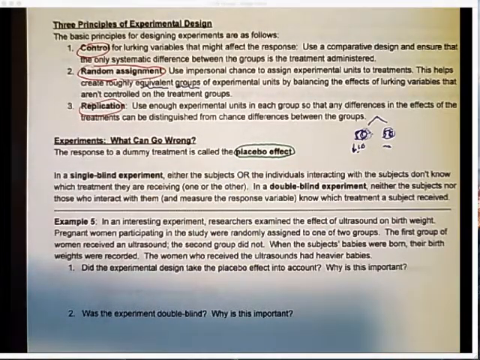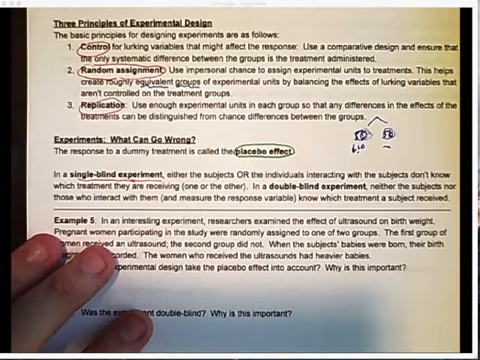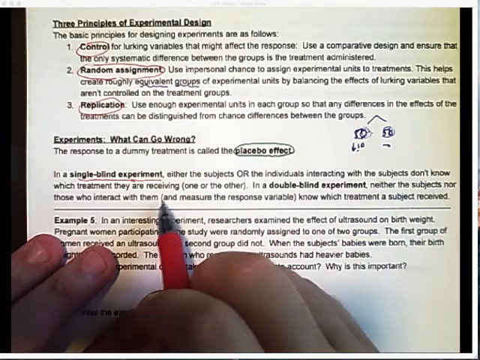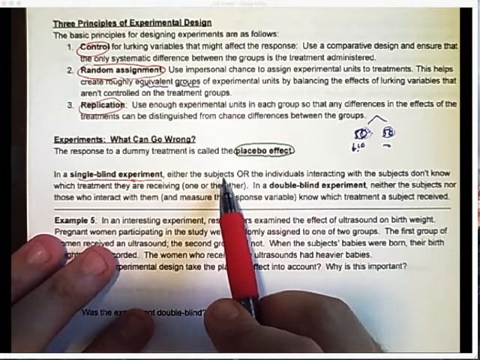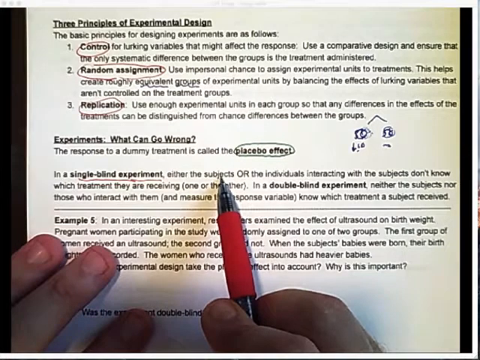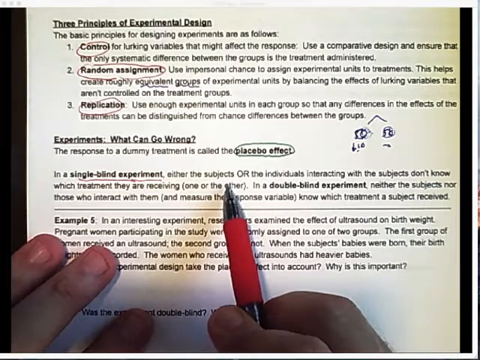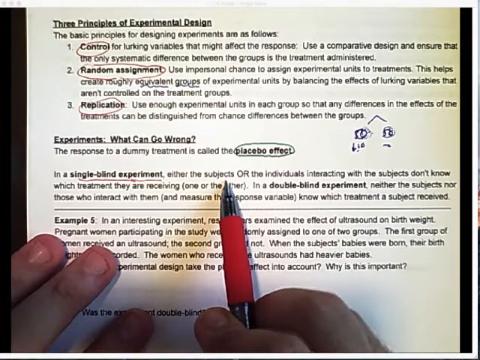And some more vocabulary here. In a single blind experiment, either the subjects or the individuals interacting with the subjects don't know which treatment they are receiving, one or the other. In the case of a medical study, if I'm administering the pills to people, but the people don't know whether they're getting the real drug or the fake drug, that would be a single blind.